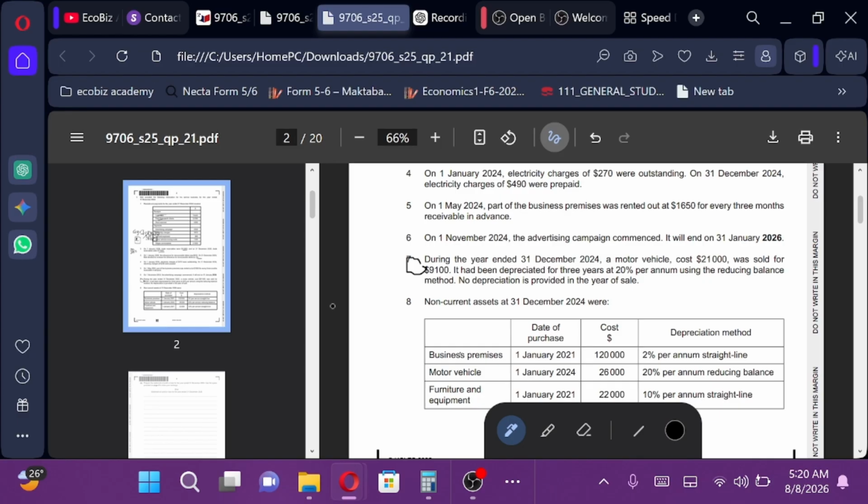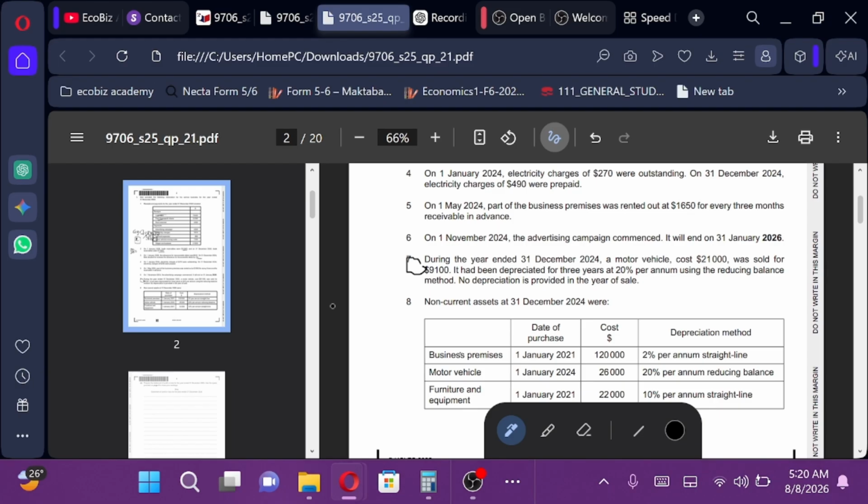During the year ended 31st of December 2024, a motor vehicle costing 21,000 was sold for 9,100. It had been depreciated for 3 years at 20% per annum using the straight line method.